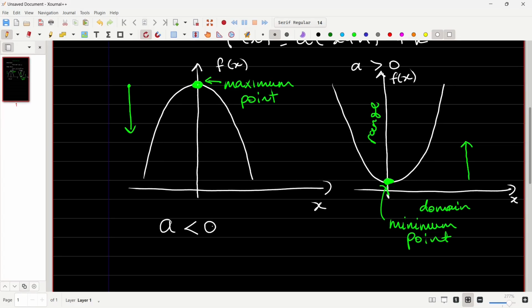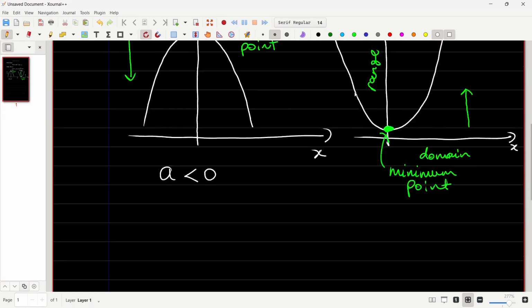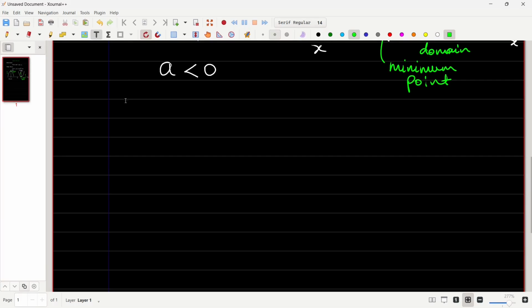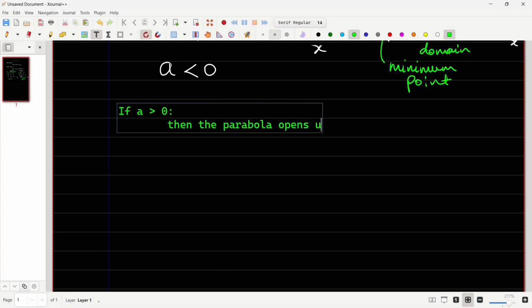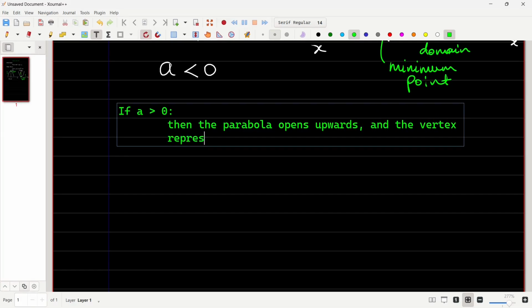All right? So just to make a note of that, I would just simply write a little note here for you. Hold on. Let me just put this here. So if a is greater than 0, not 0, then the parabola opens upwards, and the vertex represents the minimum point.